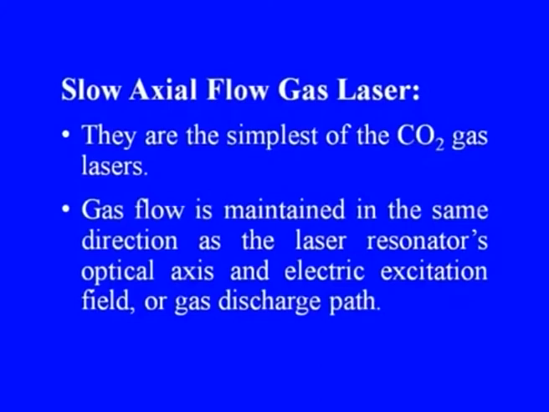Let us see the slow axial flow gas lasers. They are the simplest of the carbon dioxide gas laser family. Here, gas flow is maintained in the same direction as the laser resonator's optical axis, and the electric excitation field or the gas discharge is in the same direction.